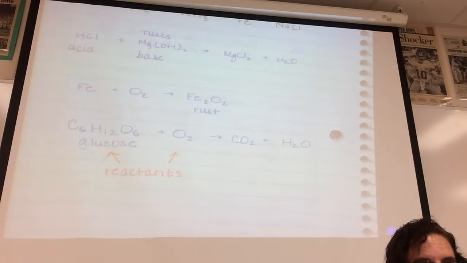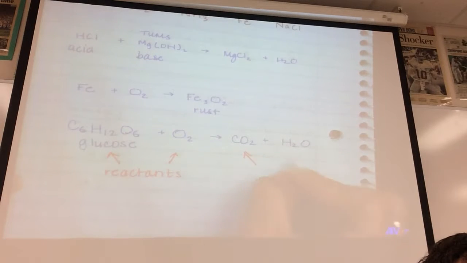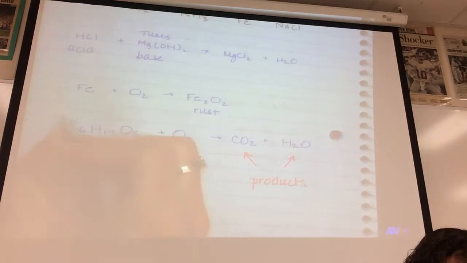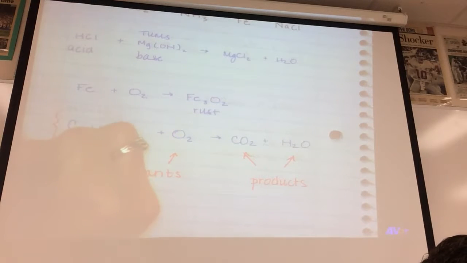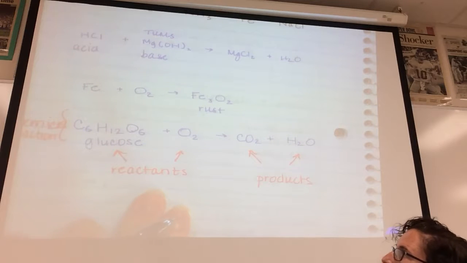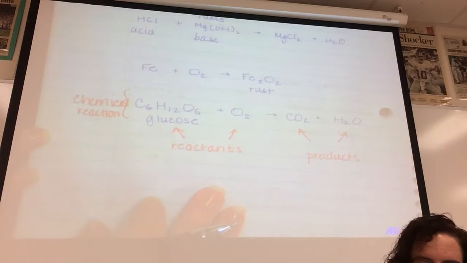Reactants are your starting material. They will react to form products. Products are what you generate at the end of the reaction. This is a chemical reaction. It shows the reactants on the left and the products on the right.